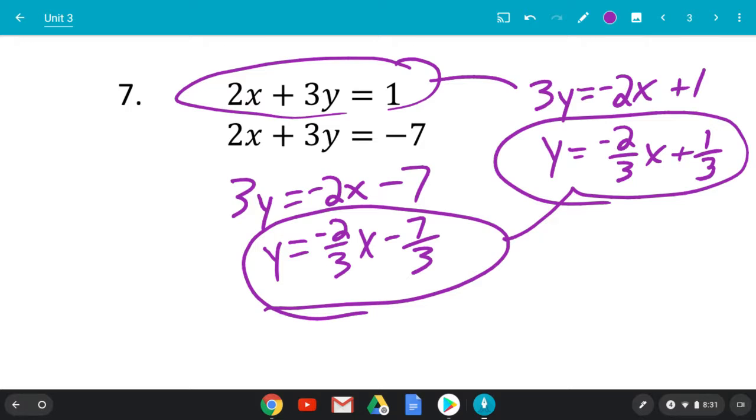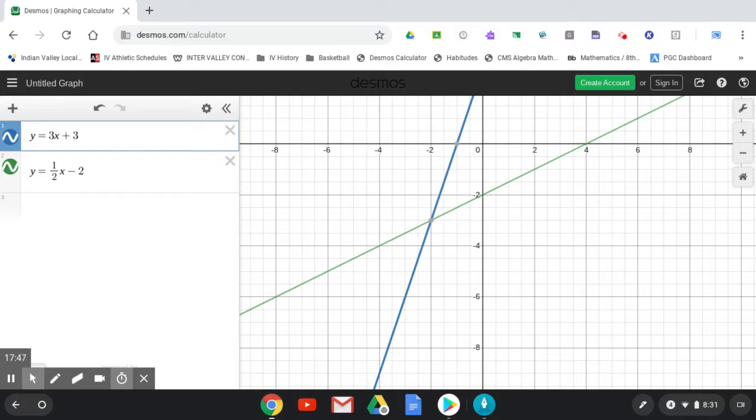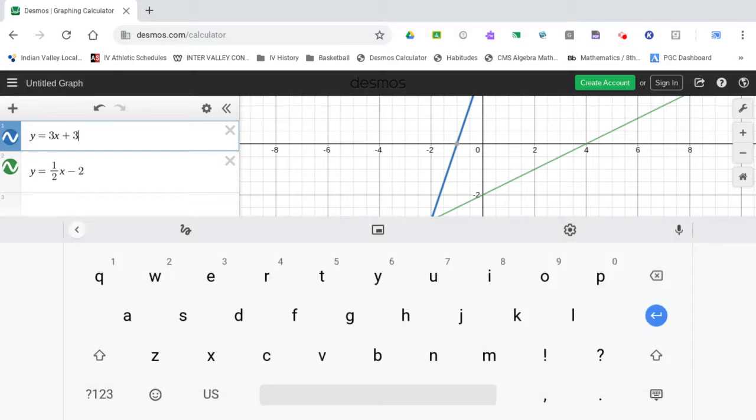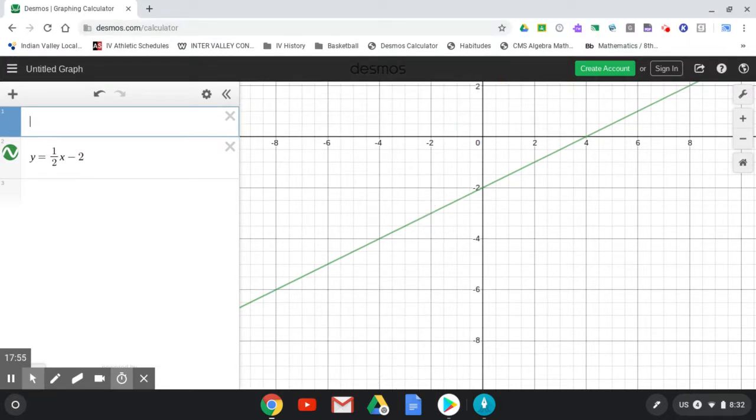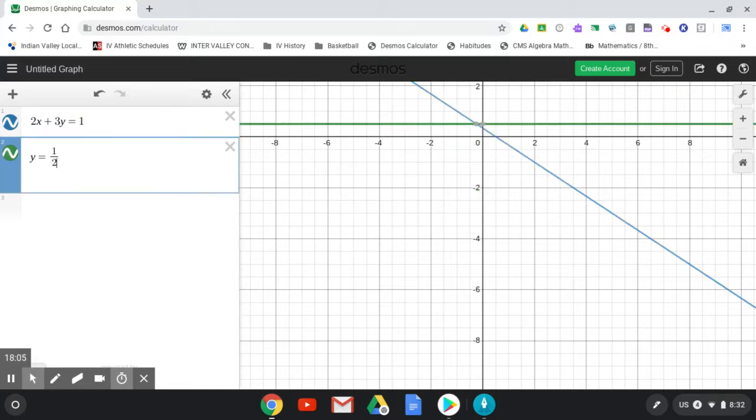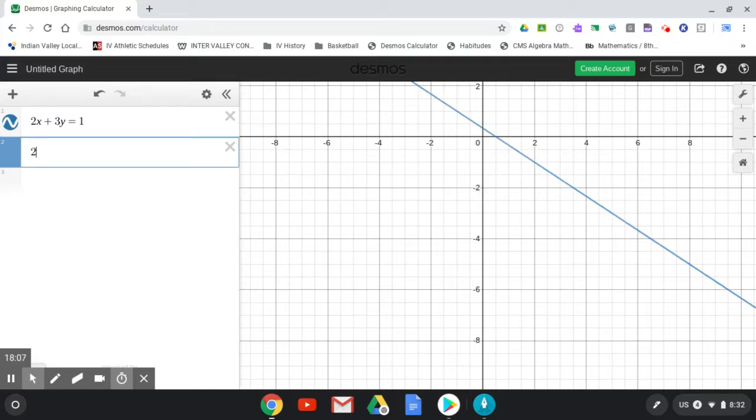But watch this. 2x plus 3y equals 1, and 2x plus 3y equals -7. What do I have? Parallel lines, therefore there is no solution.